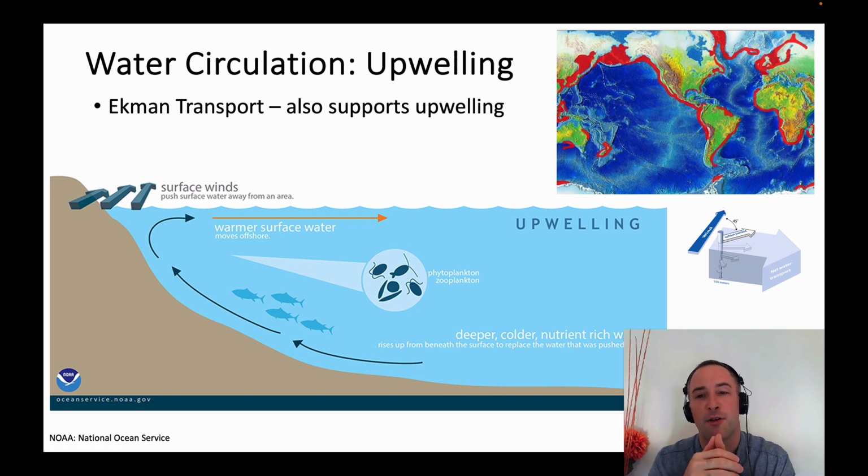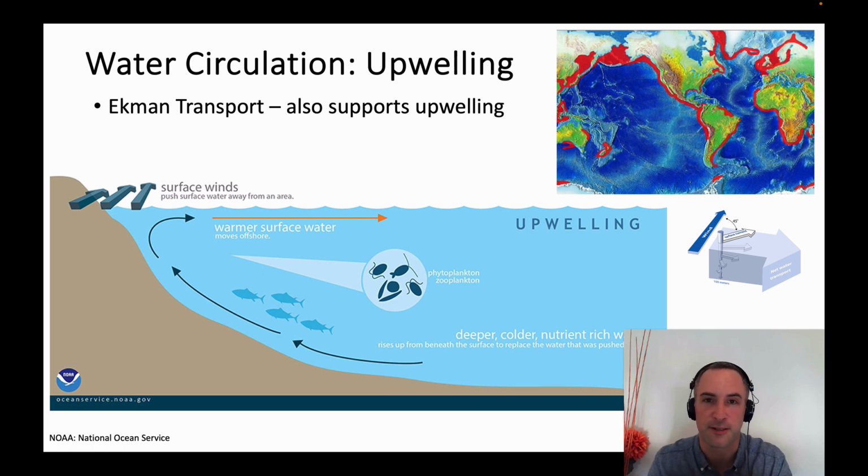This is a phenomenon called upwelling, and there's a map of upwelling zones around the world up in the upper right. Upwelling zones are really important because these bring deep water nutrients that are nutrient rich, and they're coming up often in areas where there's lots of sunlight, and nutrients plus sunlight means primary productivity.